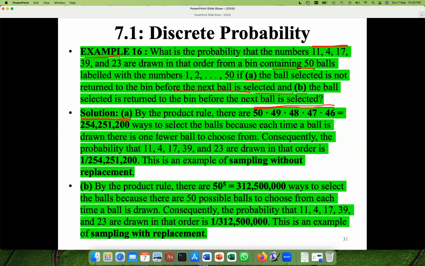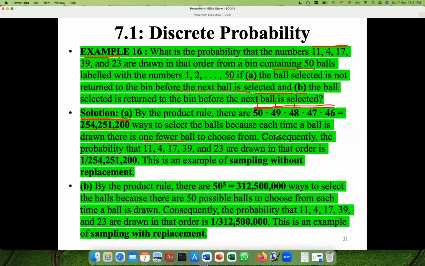After multiplying, you get these possibilities, the different ways to select the balls. Why? Because when you take the first ball, 49 remain. When you take out the next one, 48 remain. So each time a ball is drawn, there is one fewer ball.